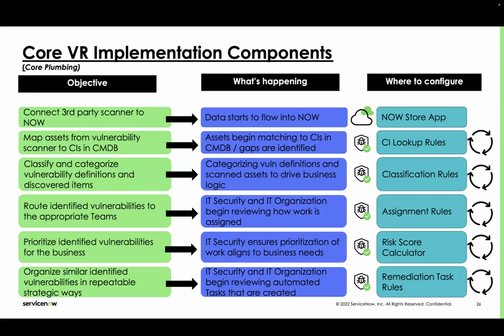So where the vulnerability scanners may not do the best job saying, these are application related, these are OS or platform related, we do have capabilities called classification rules. And then from there, right, our goal is to get these findings assigned to the right team correctly the first time, right, to address and remediate these vulnerabilities.